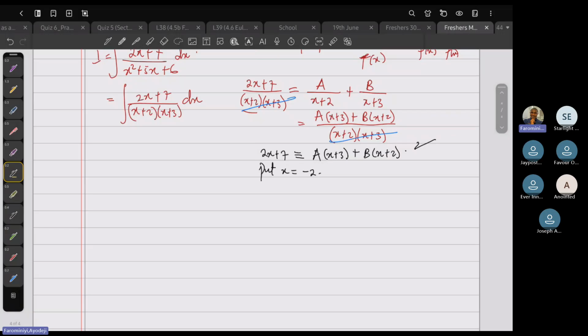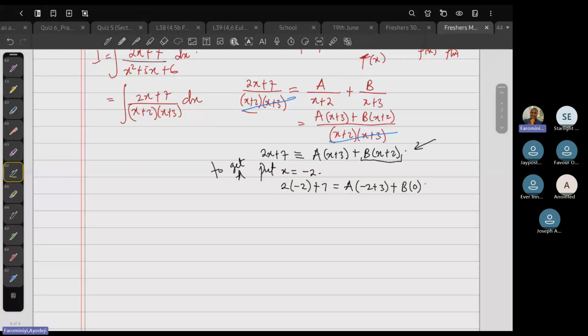So put x equals -2, that is to get A. Why do we know that will help us to get A? Because if I put -2 here, this whole place will vanish. So we have 2 into bracket -2 plus 7 is equal to A into bracket -2 plus 3 plus B into bracket 0.